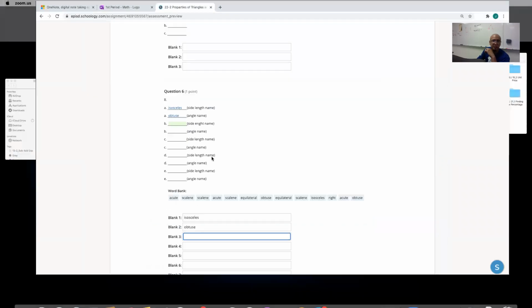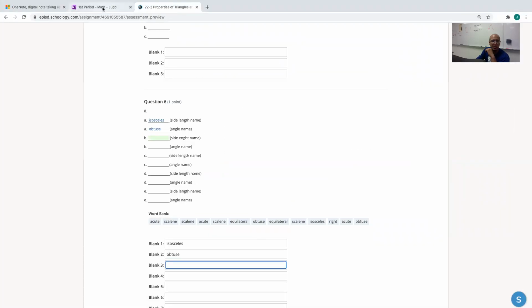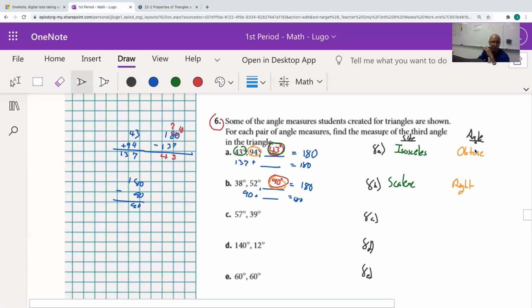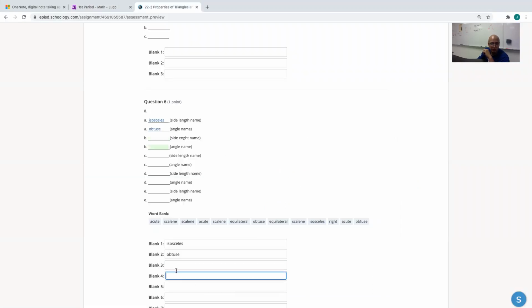Let me check. Yes, we have an isosceles obtuse. For 8b, we have a scalene right triangle, because all of the sides are different. For the angle, we have a right angle, so that's going to be a scalene right triangle. You're going to do that all the way down, ladies and gentlemen.